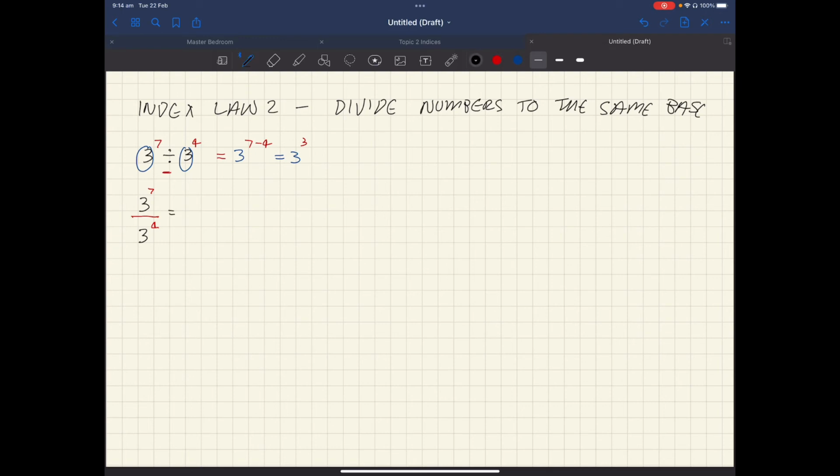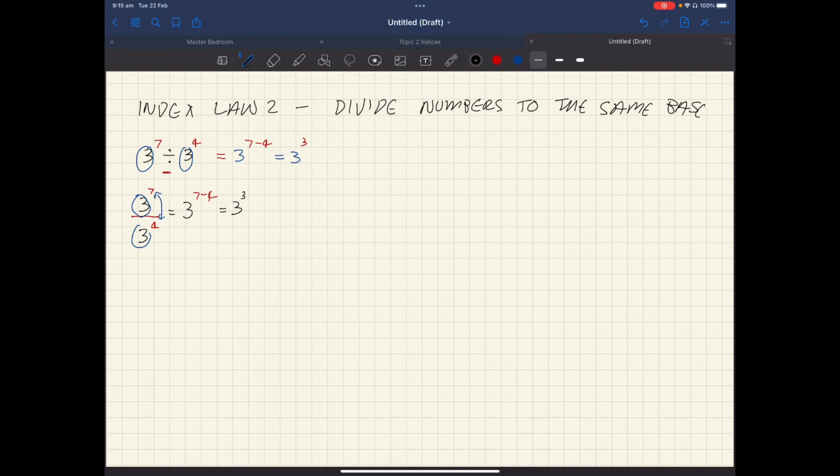So it is 3 to the 7 minus 4, same base, subtract their indices. That is equal to 3 to the power of 3.